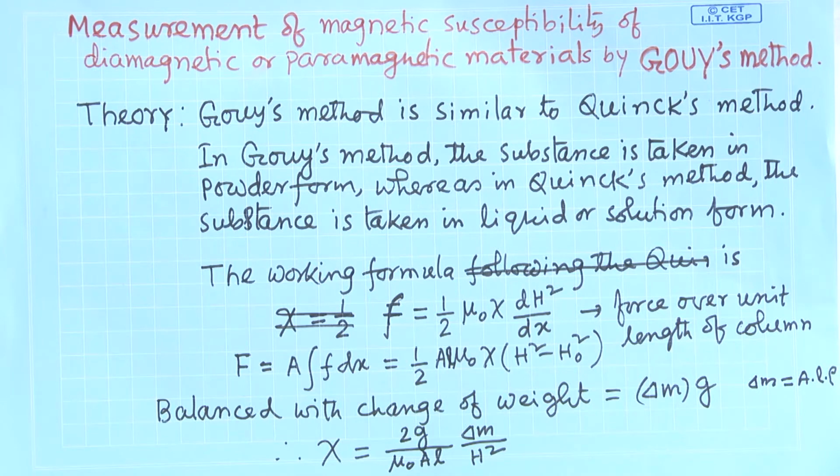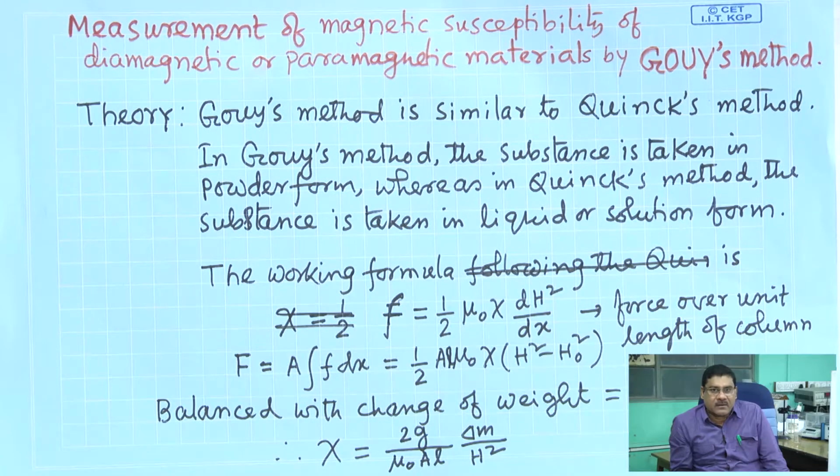So, in this Guy's method and Queen's method, in both methods we are measuring the susceptibility of the diamagnetic or paramagnetic material.